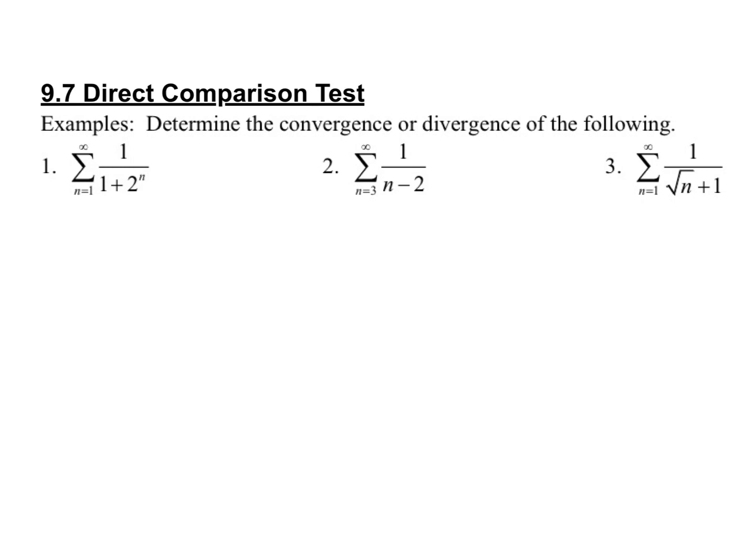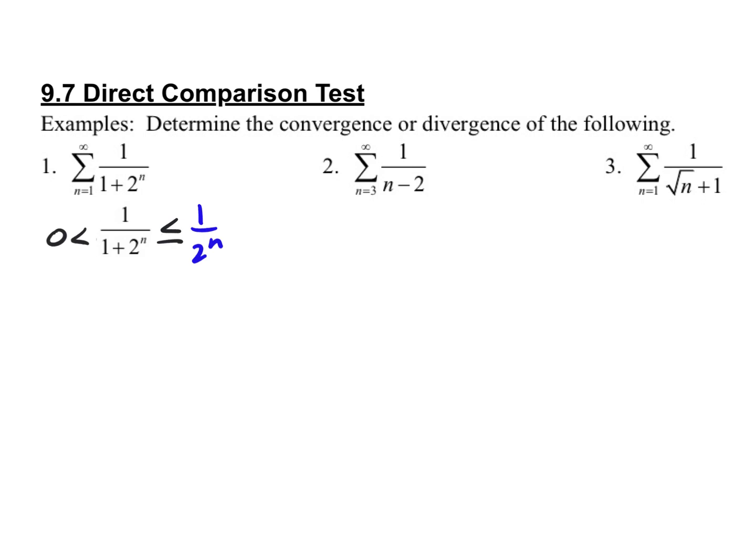Yeah, so what would be nice is if this 1 plus was gone, right? So what we're going to do is compare it to 1 over 2 to the n. And the thing that's nice, and here's where your basic arithmetic has to come back into play, right?